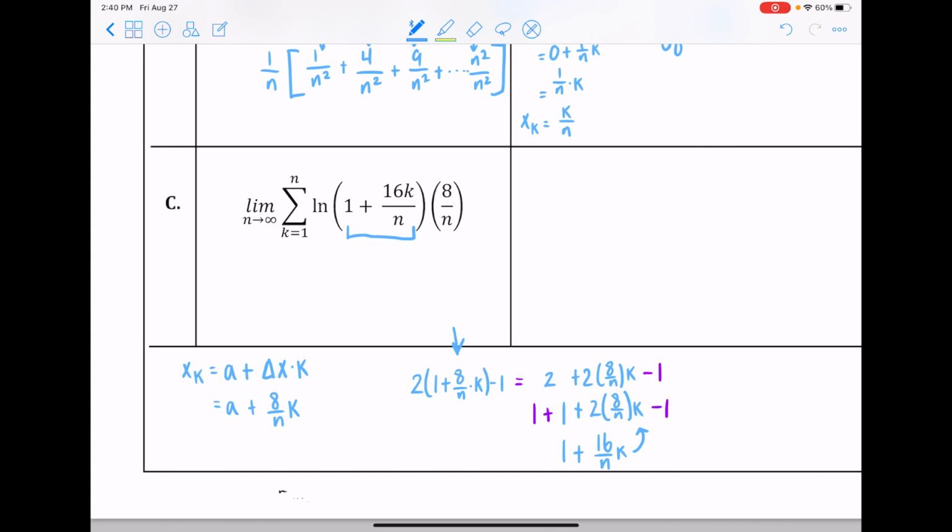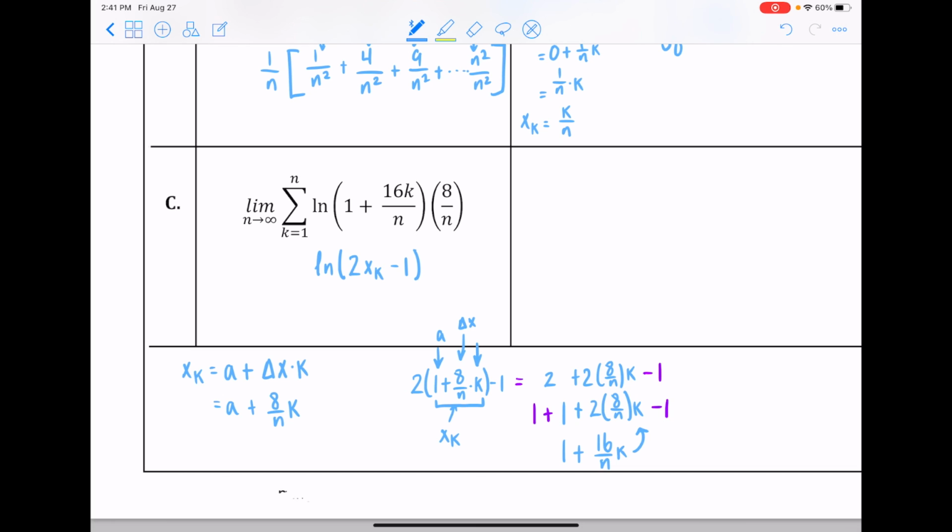This is looking really great now because basically what we have here is our a plus delta x times k. So this is our x sub k right here. It's that whole thing, okay? So it looks to me like the function inside the natural logarithm, there's actually a composition of functions going on here, is we have ln of 2x sub k minus 1.